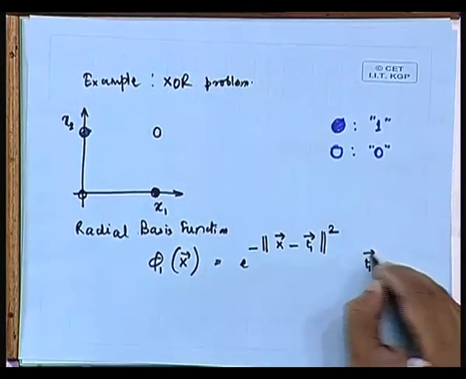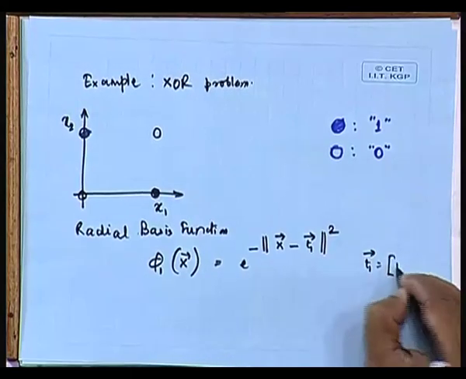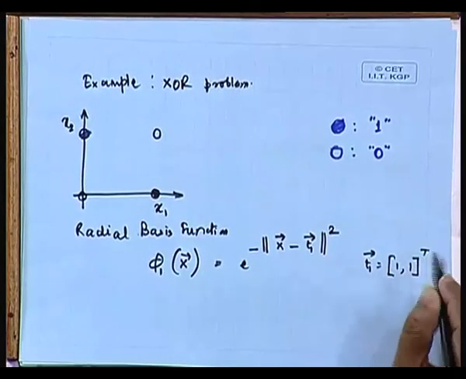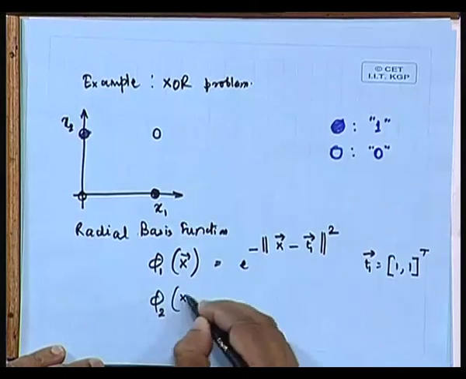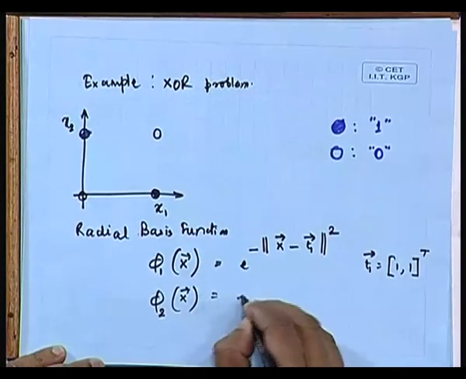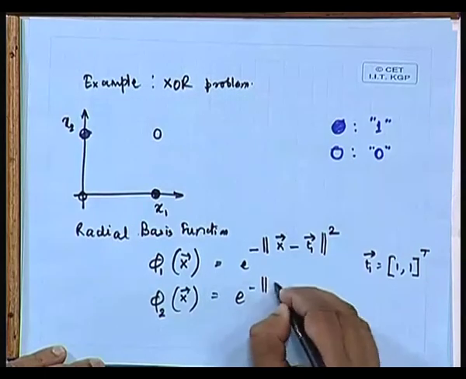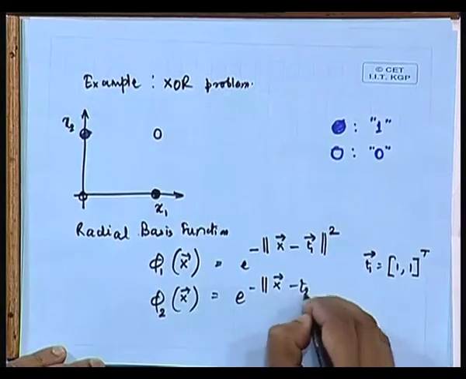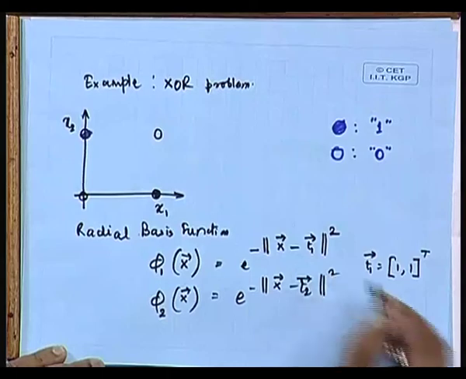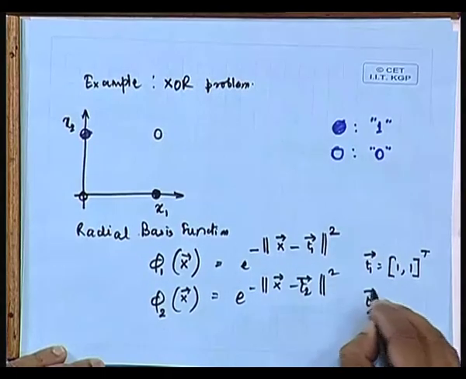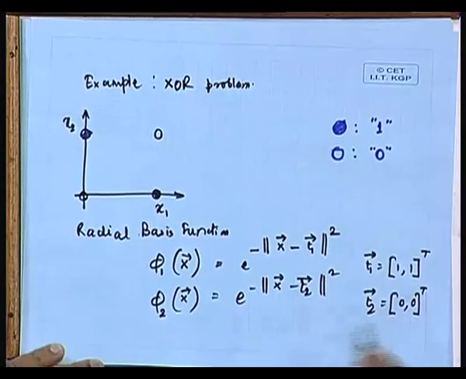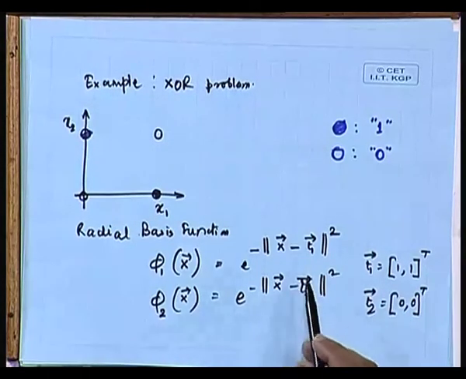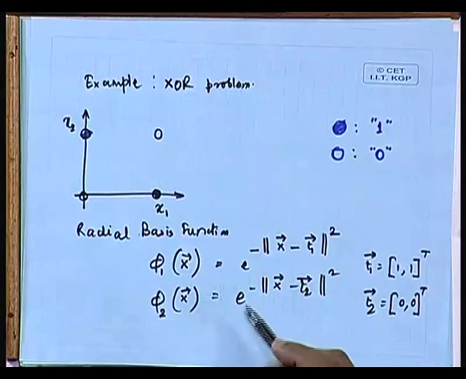So, we take T1 vector to be equal to 1 1, and we likewise take another radial basis function phi 2 of x, which is equal to e to the power minus norm of x minus T2 squared, and T2 in this case is defined to be 0 0. So, these are the two centers around which we have defined the radial basis function.